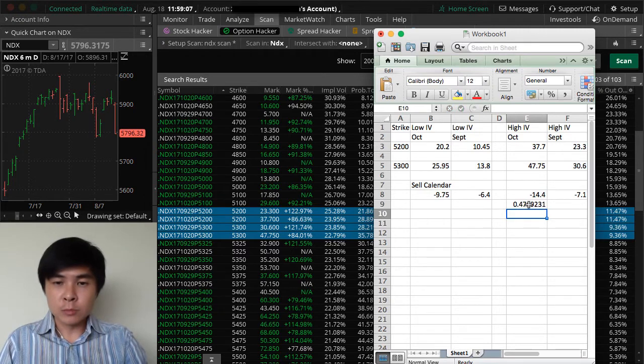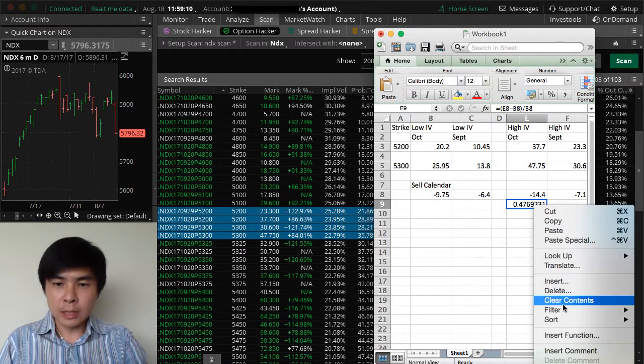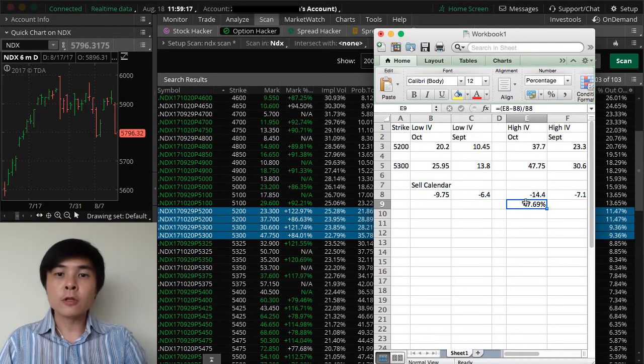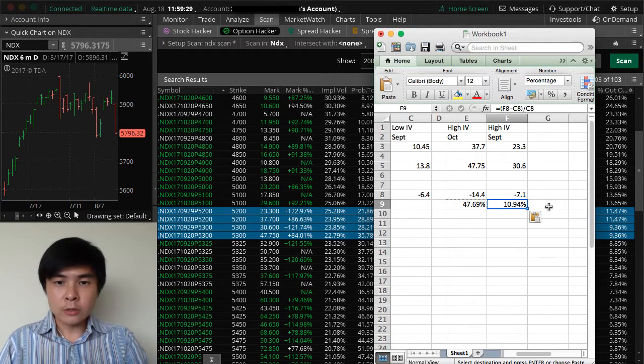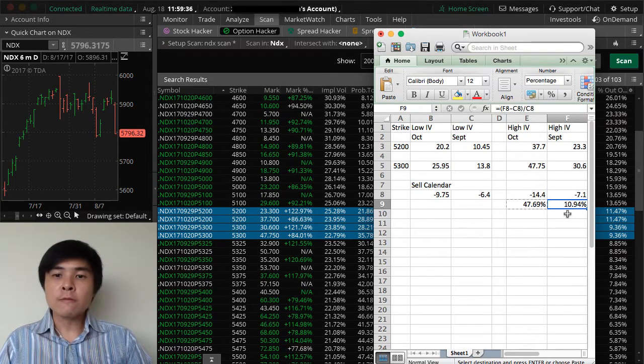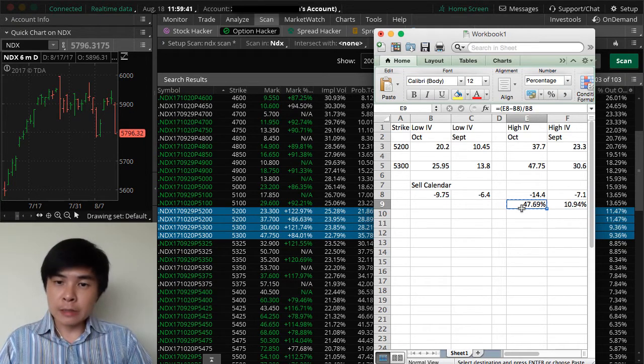It's about 47, so I'm going to format the cell into a percentage, hit OK. So it's about a 47% increase in loss because it's a negative. Now for the other trade, we'll have a loss of negative 10% instead of almost negative 50%.